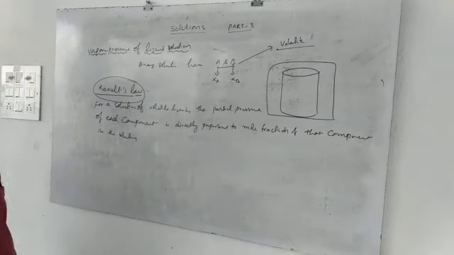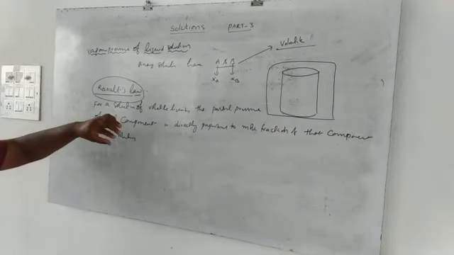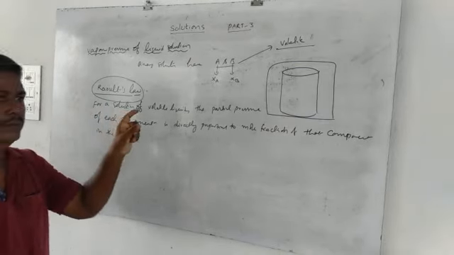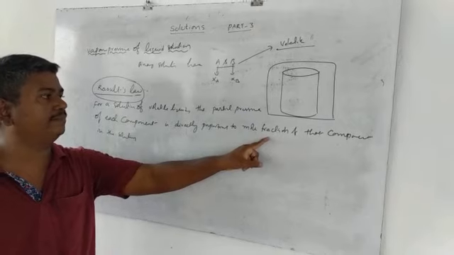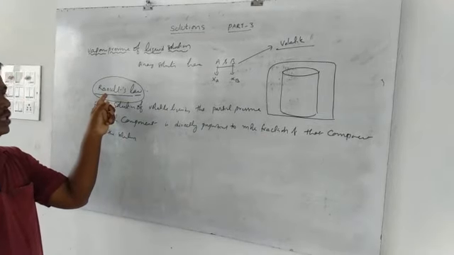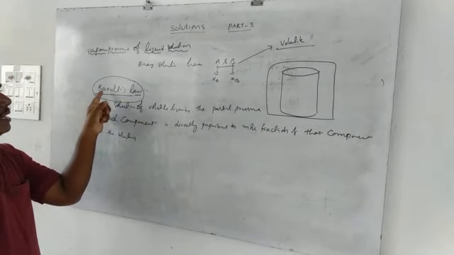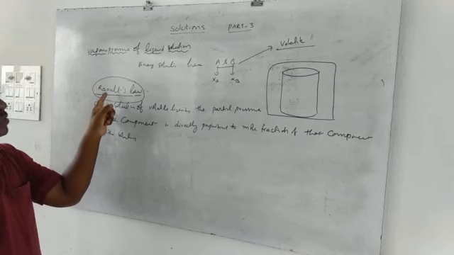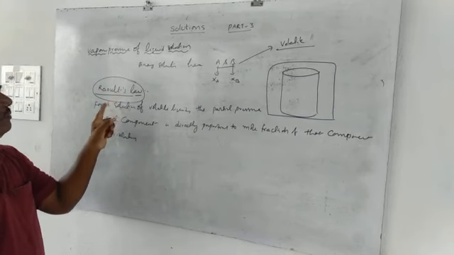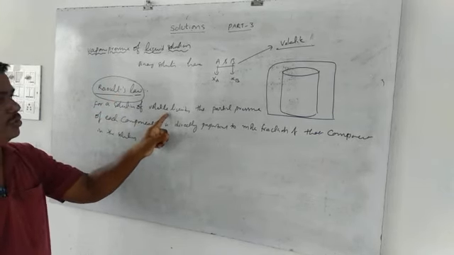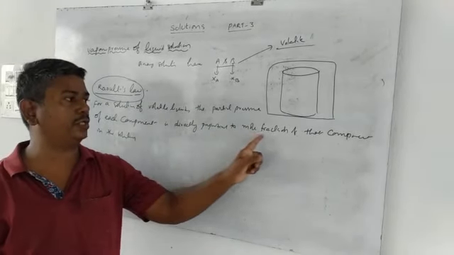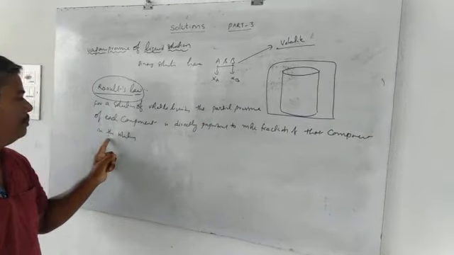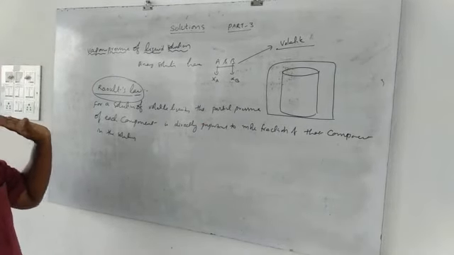That means the quantitative relationship between partial pressure and mole fraction is given by Raoult's law. So according to Raoult's law, for volatile liquid solutions, the partial pressure of each component is directly proportional to the mole fraction of that component present in the solution.